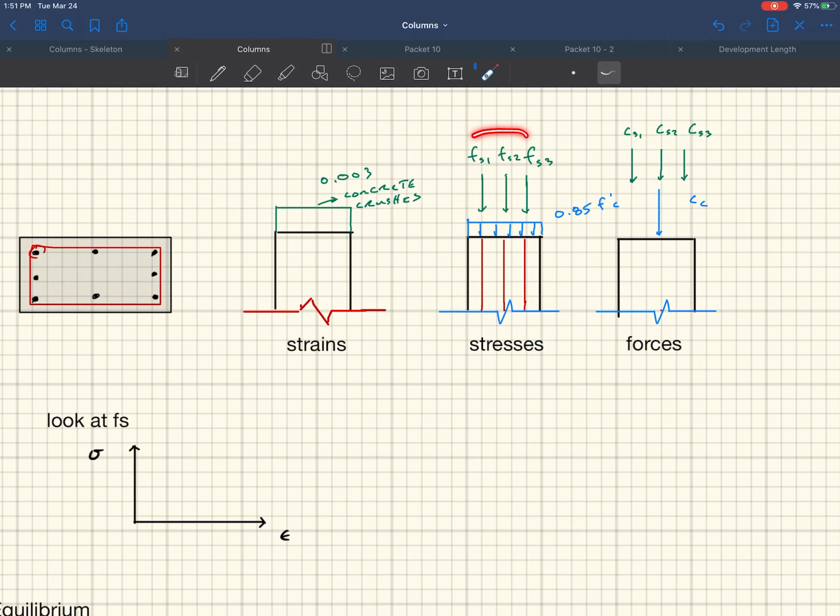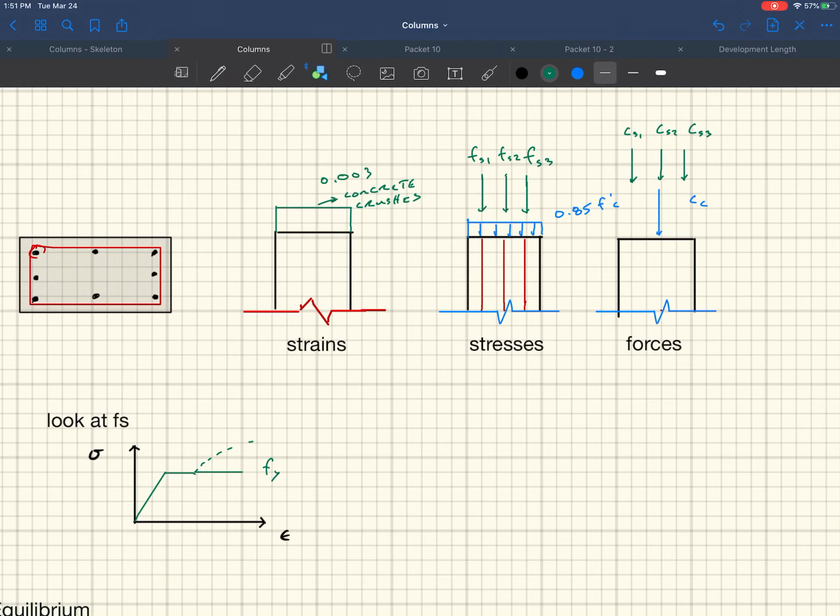The one thing we have to talk about really quick is what are these stresses right here: Fs1, Fs2, and Fs3. If you recall how our steel behaves, it goes up like this, and then goes across like that, and then really it goes through strain hardening, but we assume that it just keeps going, that it always caps out at Fy.